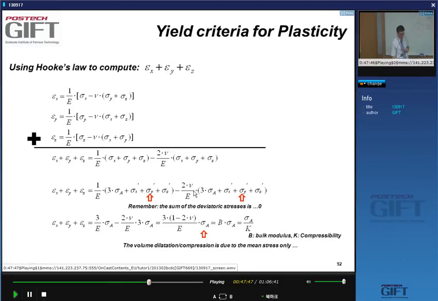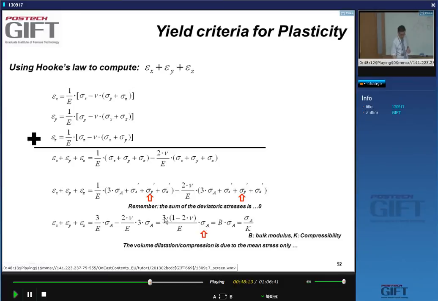So this equation is very much simplified to this one. The volume change in an elastic deformation of any type is entirely due to the mean stress only.